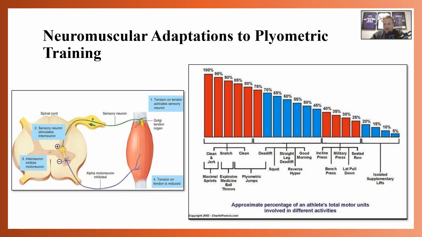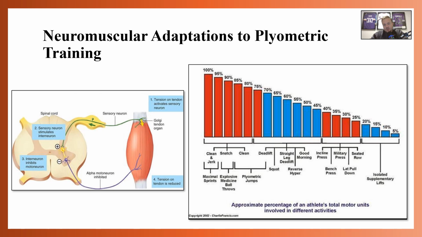And so these are approximate percentages. I got it from charliefrancis.com, looks like. I was looking for a nice diagram and found something that gets my point across. I don't know if these are exactly right, but the higher the level of load or explosivity of a movement, the more motor units you're going to need to recruit to accomplish that task. So we can start at the very right. You have isometric, supplementary lifts.